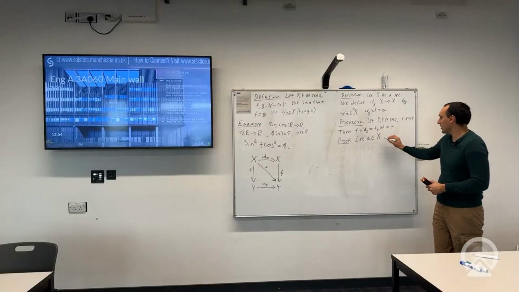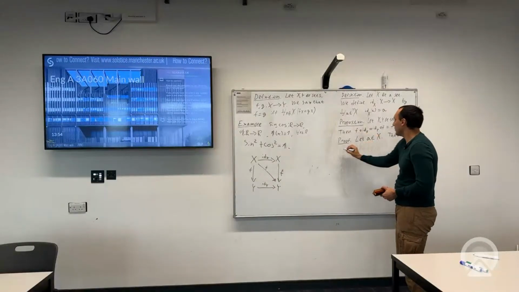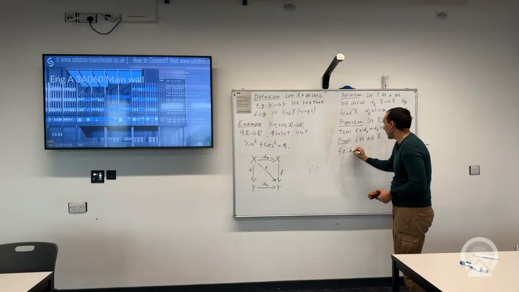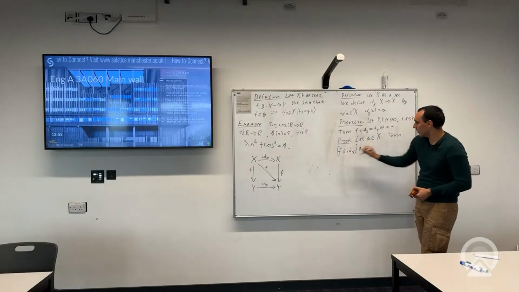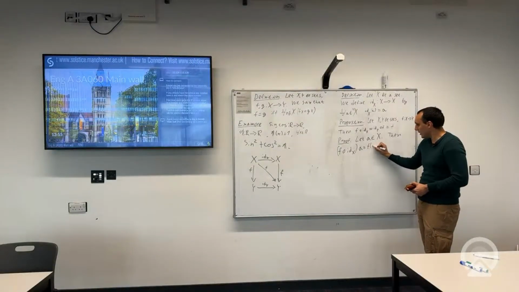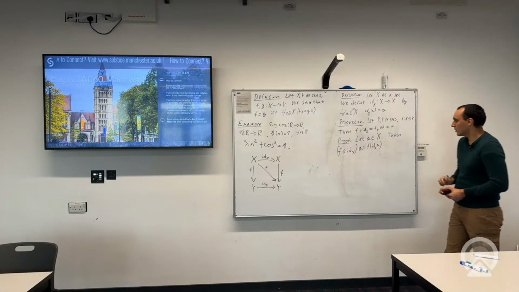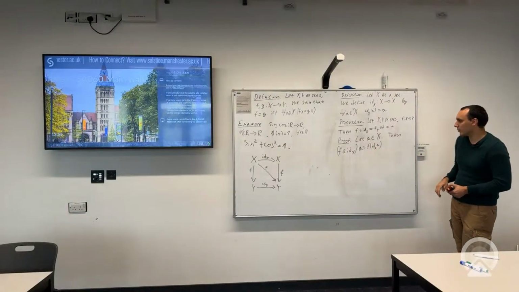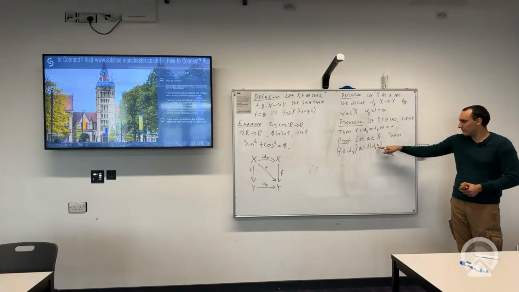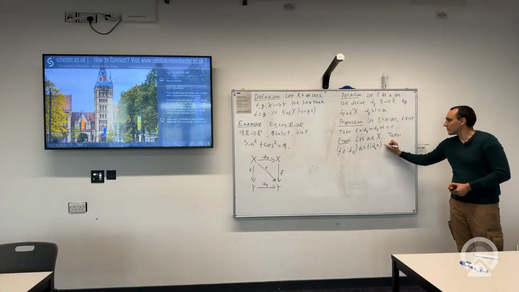Then, F composed with identity of X applied to a is by definition F of identity of X applied to a. I use the outer bracket but only the internal one. And so what is the identity of X at a? It's a. So we get F of a.